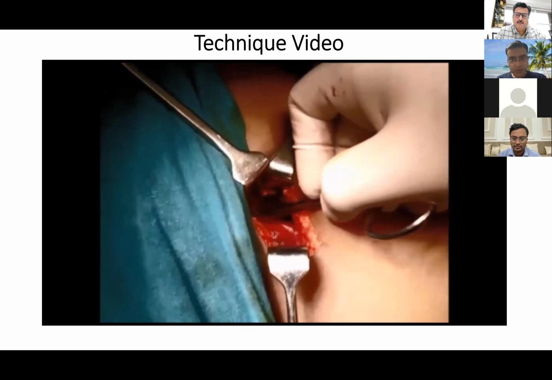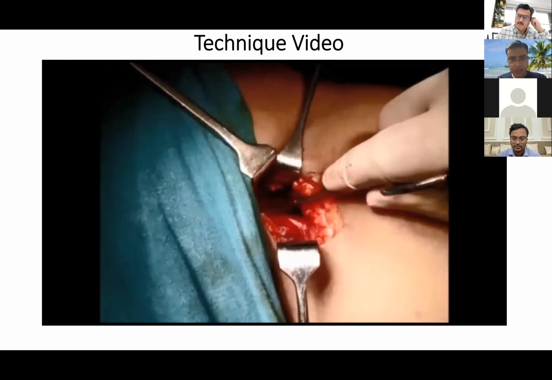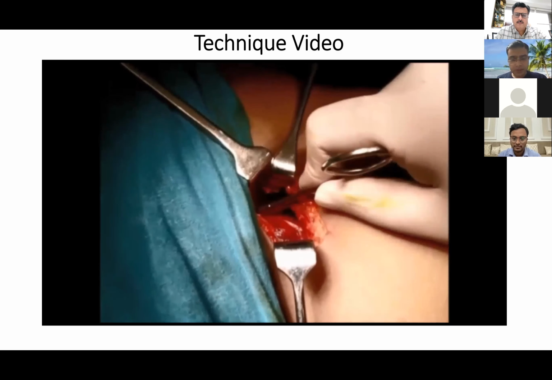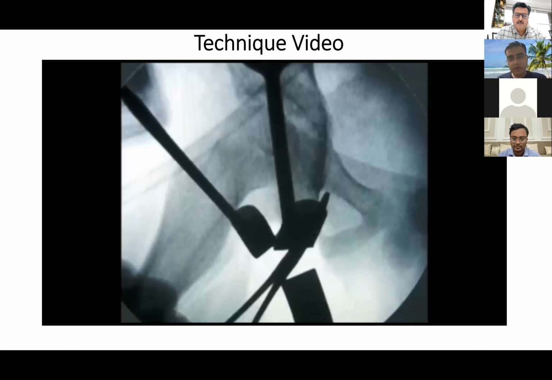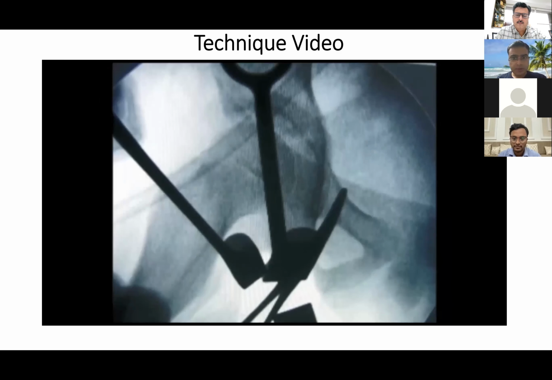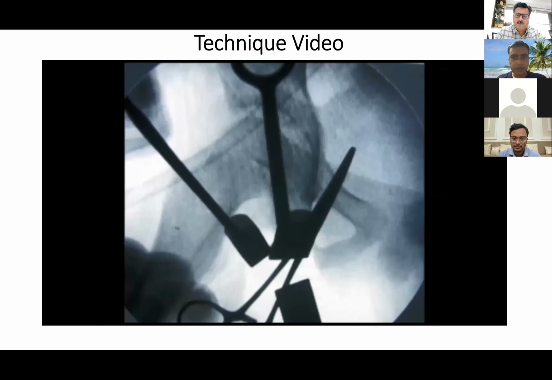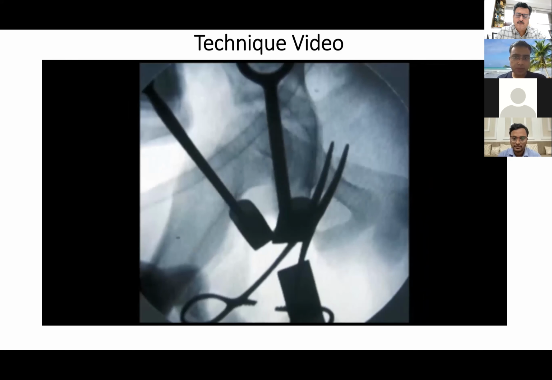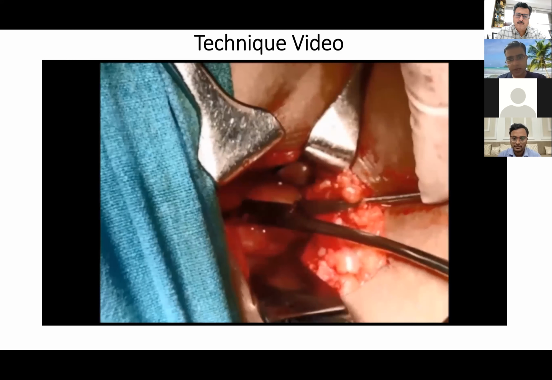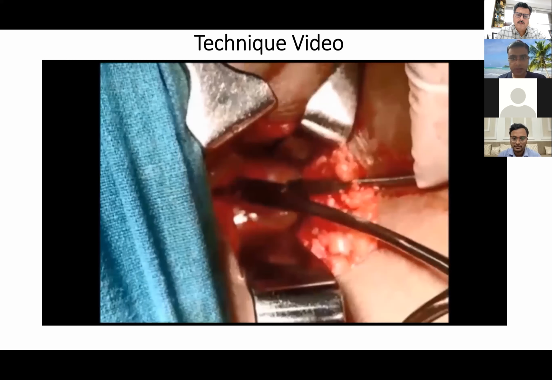A blunt hemostat was passed through the adductor brevis towards the obturator membrane, and then it was guided with a C-arm. The hemostat was advanced through the obturator membrane, turned towards the quadrilateral plate, and widened to open the obturator internus muscle and the collection, and we can see that the pus has started coming in.